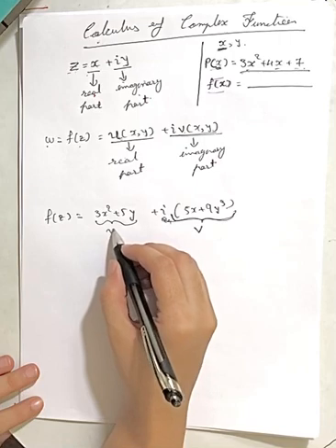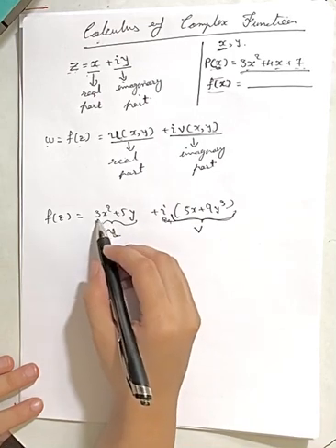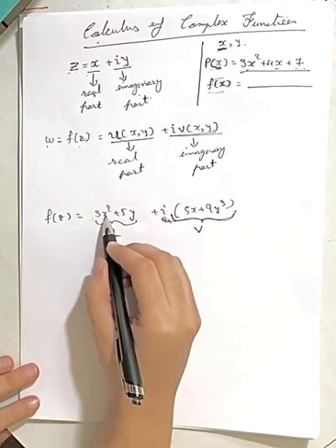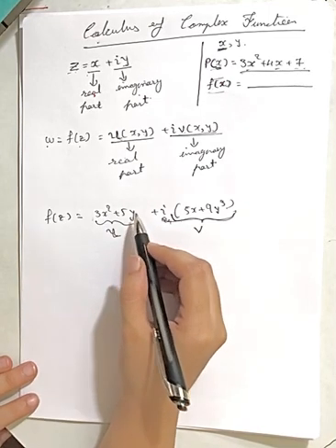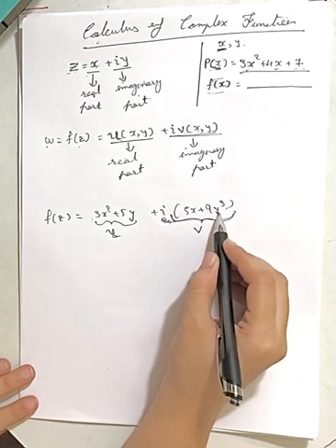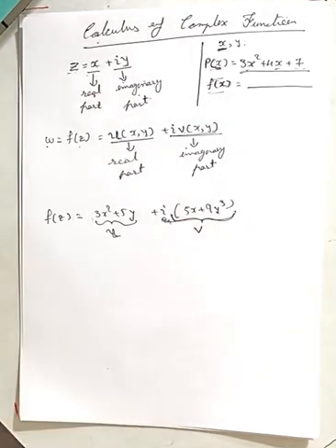Now look at the u term: it is a function of x here, y here, and it could also be x and y together. And here also you can see. So this is how f of z is structured.